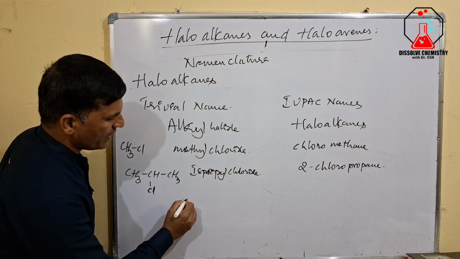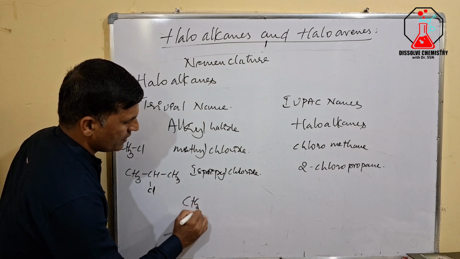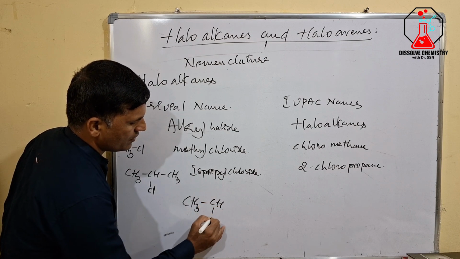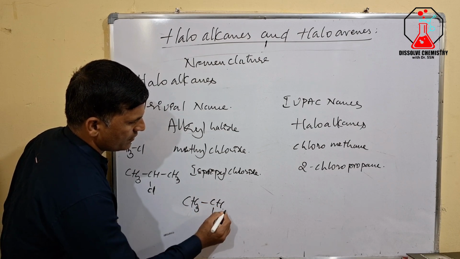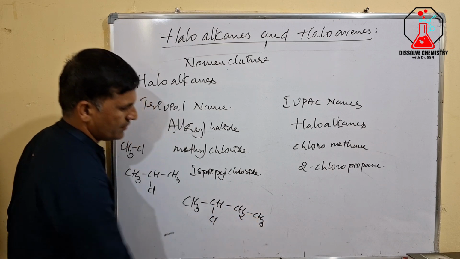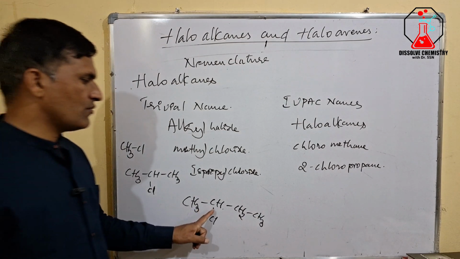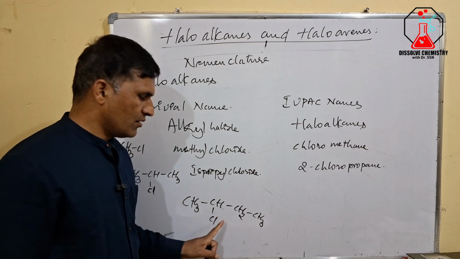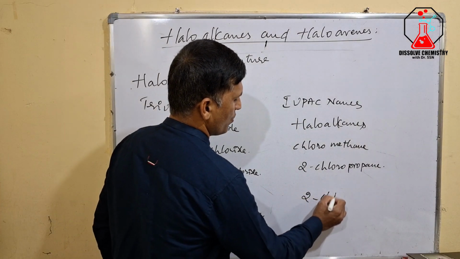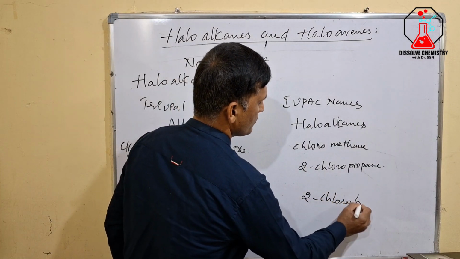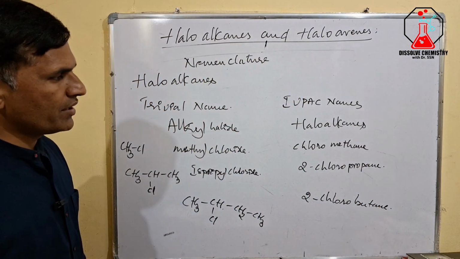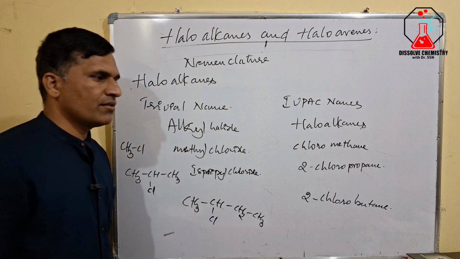Similarly, we will take another example, CH3CH(Cl)CH2CH3. We call it isobutyl chloride, and the same is named 2-chlorobutane. So this is how we are going to name monohalogen derivatives.